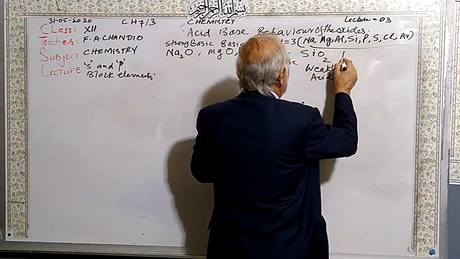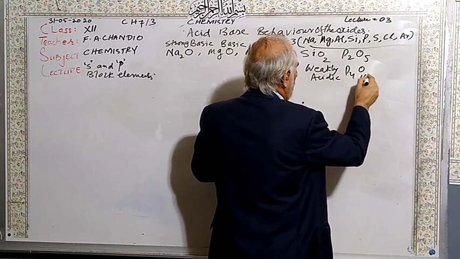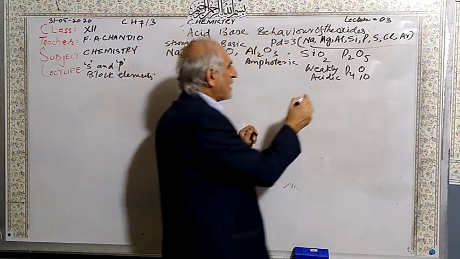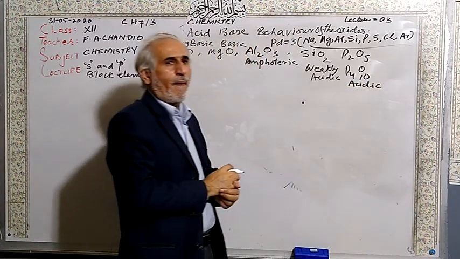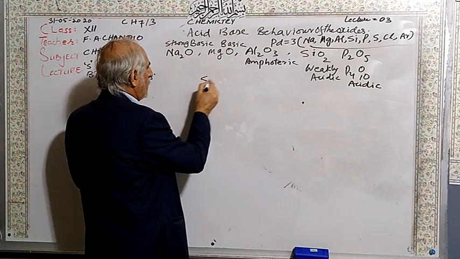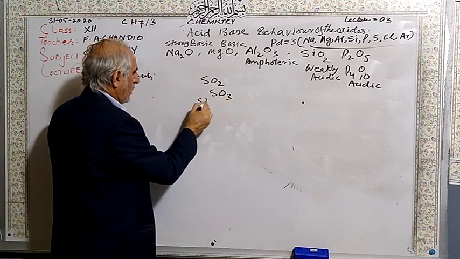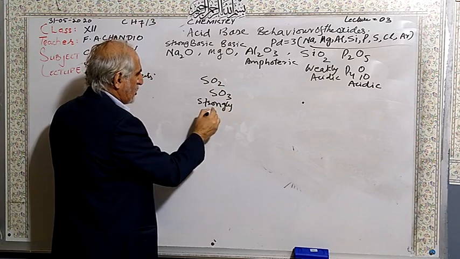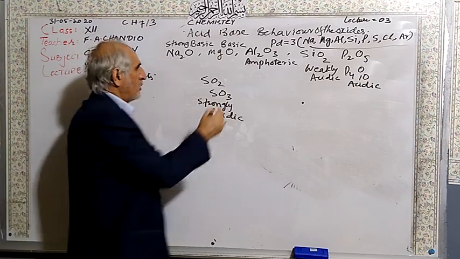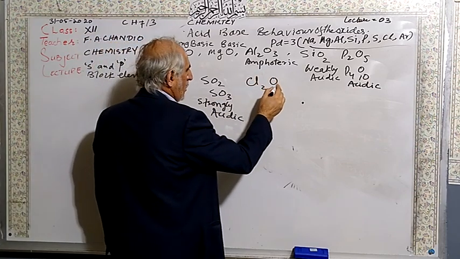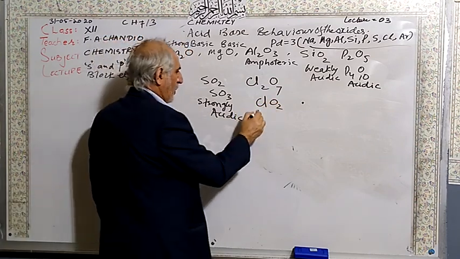Then phosphorus, this is phosphorus pentoxide. This is acidic. Sulfur dioxide, sulfur trioxide, strongly acidic. Chlorine, this is very strongly acidic.